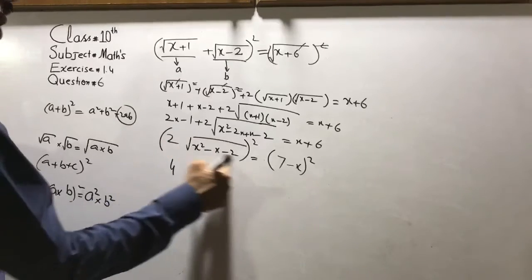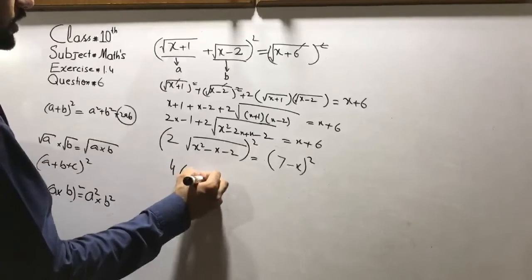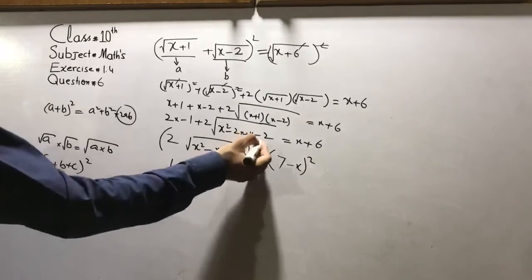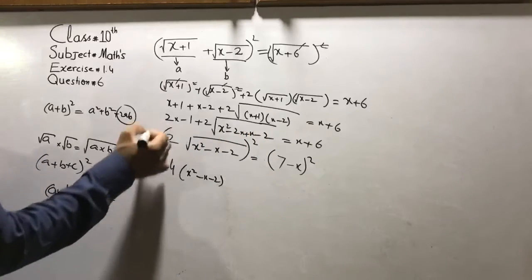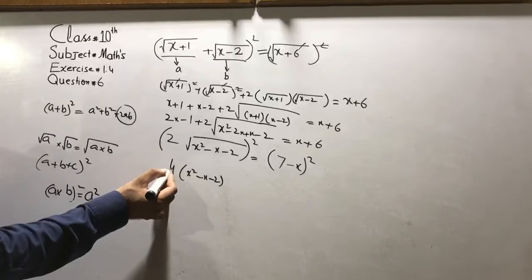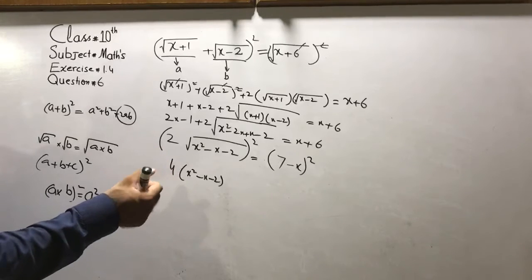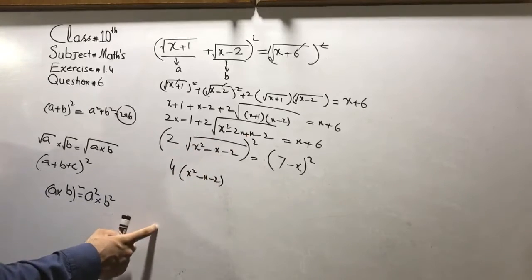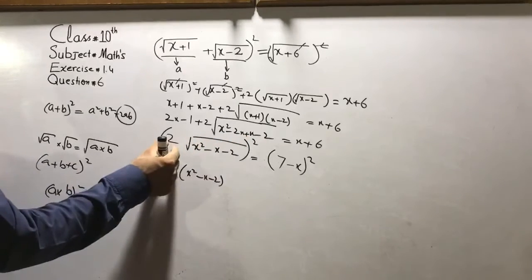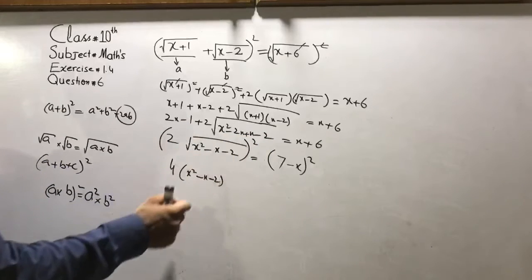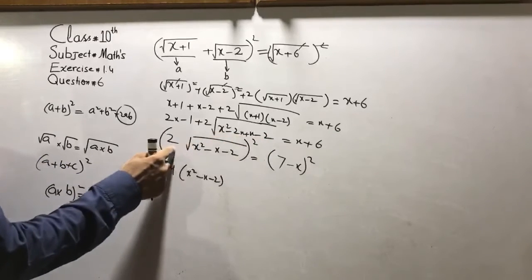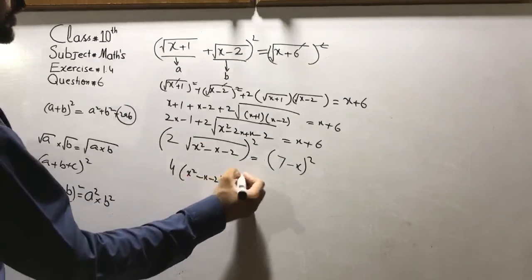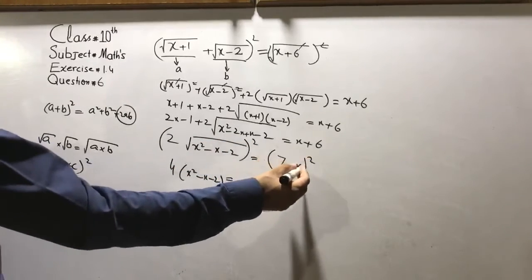We take square of the root, we get x square minus x minus 2. Square root cancels. Some students do square and square root cancel out and write 2 as it is. Some students write the 2 as it is and cancel the square with the square root. That will not happen. The square applies to this 2 also, and to the square root as well. When we take the square of 2 we get 4, and the square root cancels out.